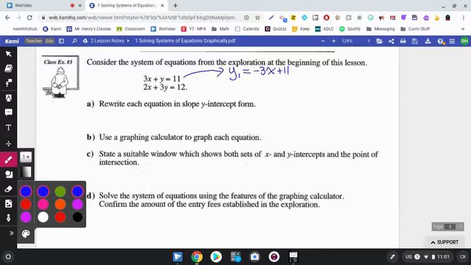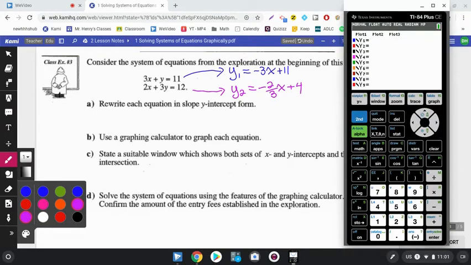And if you want to see the work for that, just go back to the first page. Okay. The other one, we called that y2. It's our second equation. And that was negative 2/3 x plus 4. Okay. So there we go. That's A. I rearrange them to slope y-intercept form, or I rearrange to y equals.